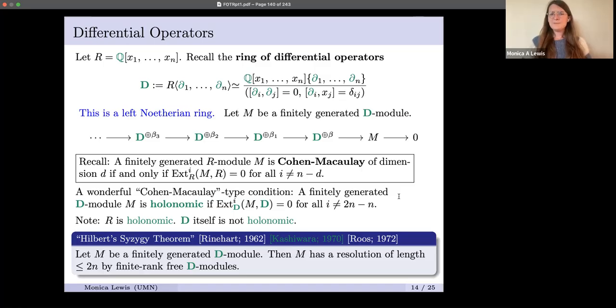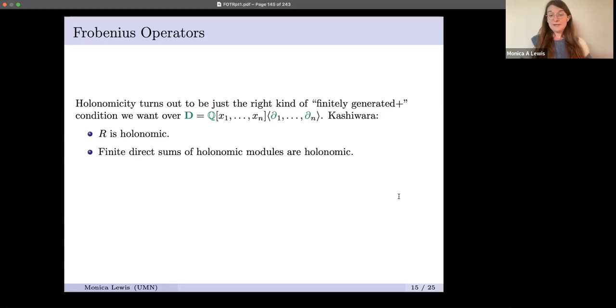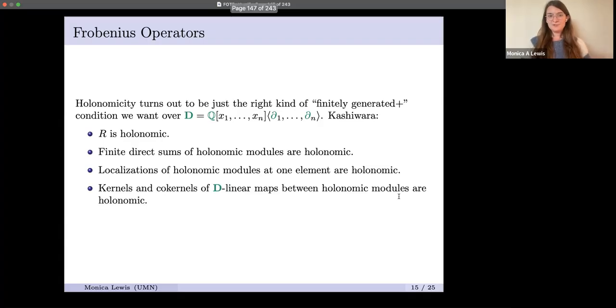But okay, what is the upshot of holonomicity? Well, holonomicity turns out to be exactly the right kind of finitely generated plus condition that we want over our ring of differential operators. So not only is Kashiwara able to use it to study these Exts and prove things like Hilbert's syzygy theorem, he's able to show that the ring itself is holonomic, that finite direct sums of holonomic modules are holonomic, that if you take a holonomic module and localize at one element, you get a holonomic module, and that cokernels and kernels of D-linear maps between holonomic modules are holonomic.